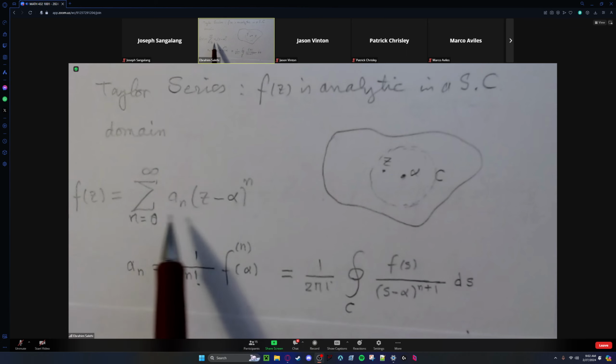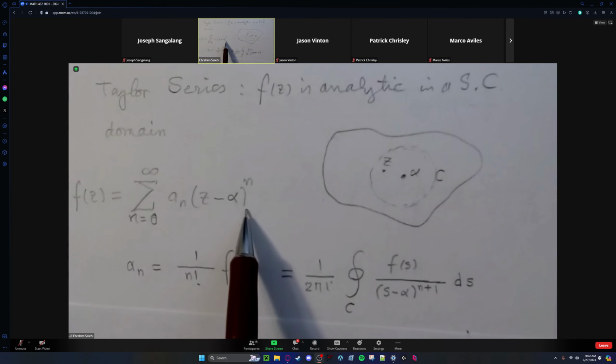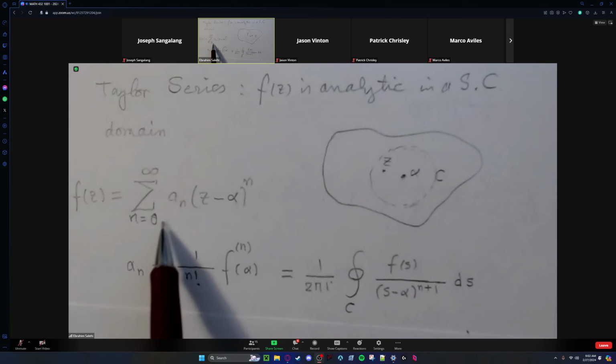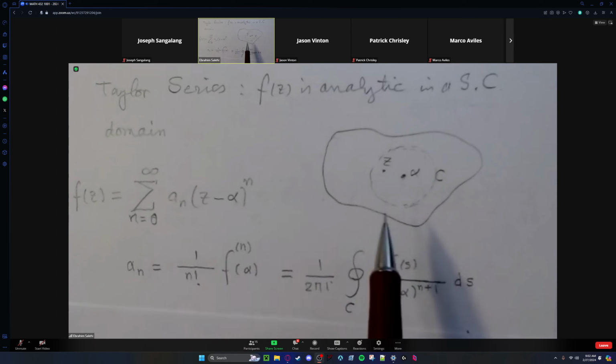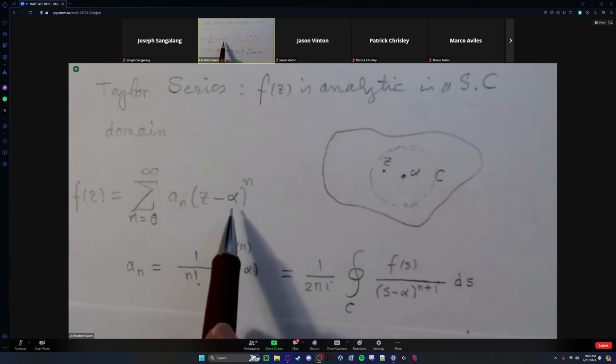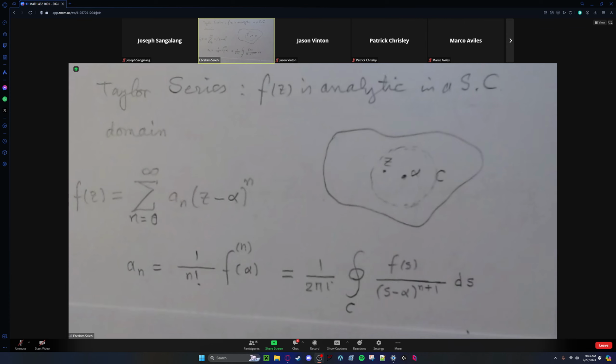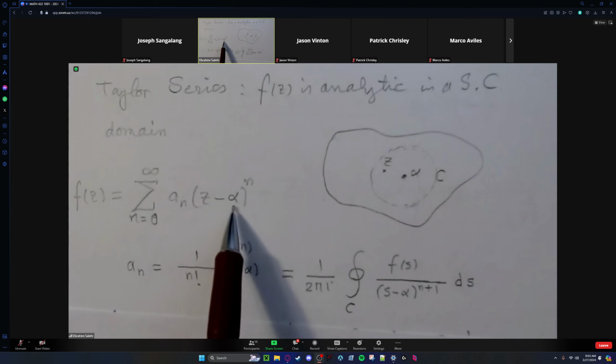Here, it is always positive powers of z minus alpha. n equals 0 gives us a constant, but after that, all positive powers of z minus alpha. But if there is a bad point there, which we will discuss in the next chapter, instead of the Taylor series, it will be the Laurent series, which is quite similar to this one, though. But we are going to have also the negative powers of z minus alpha.